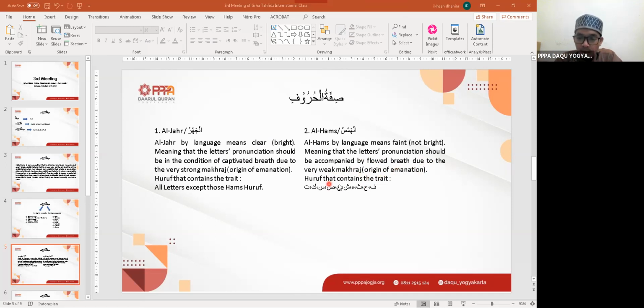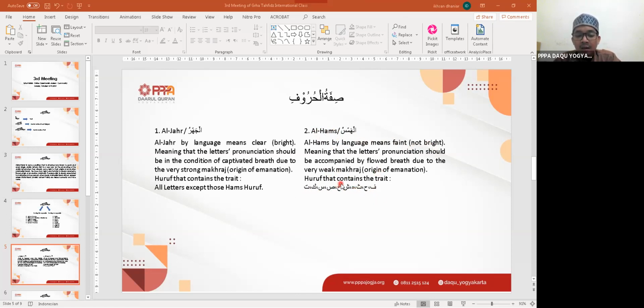So here are the 9 huruf which are included in al-hams. These 9 huruf have the trait called al-hams, the faint or not bright.